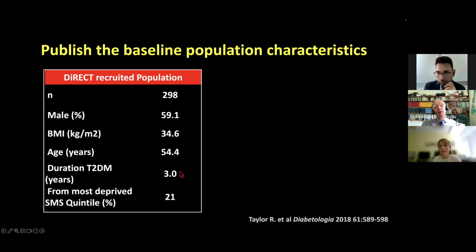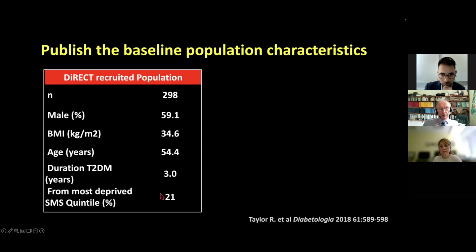Now, learning from the counterbalance study, we adopted the recommendation that we should only study people in the first 6 years after diagnosis. This is not a hard and fast rule, but it serves to define a group of people who are most likely to be able to achieve remission of their diabetes.